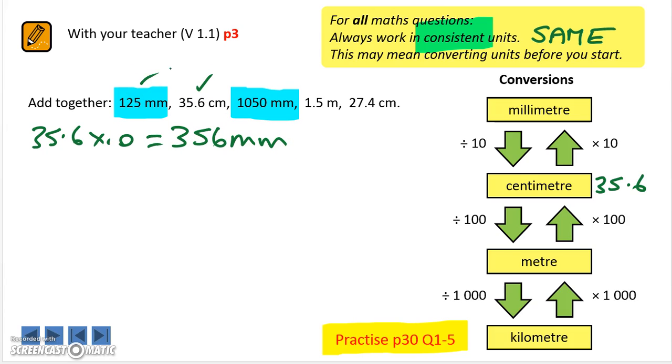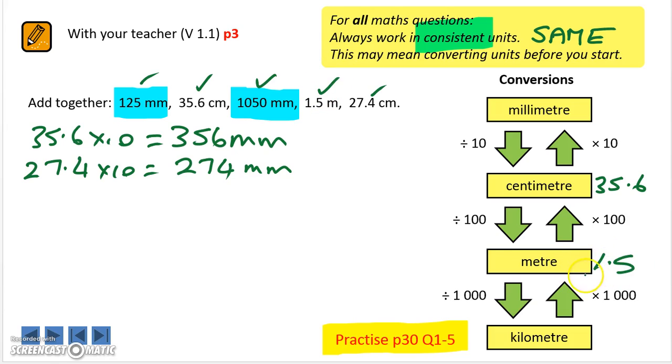So those ones are all done. I may as well do this other centimetre one while I'm in the same frame. I already remember that I need to times it by 10 to get it into millimetres. So that's 274 millimetres. And then this one is 1.5 metres, and I need to convert that into millimetres as well.